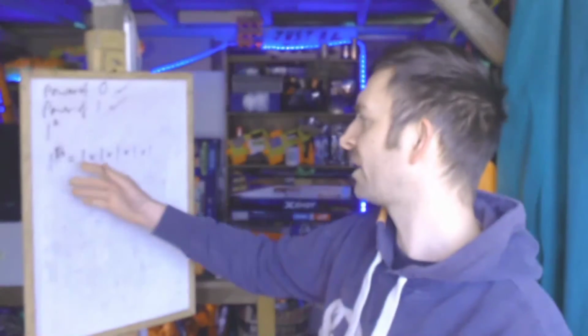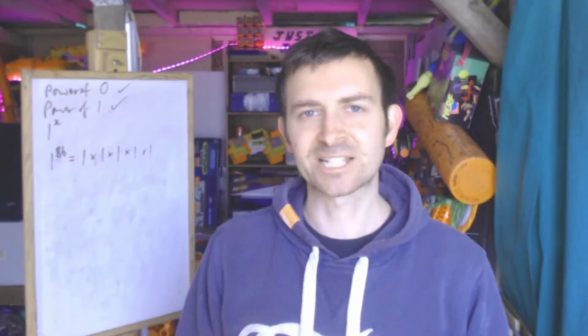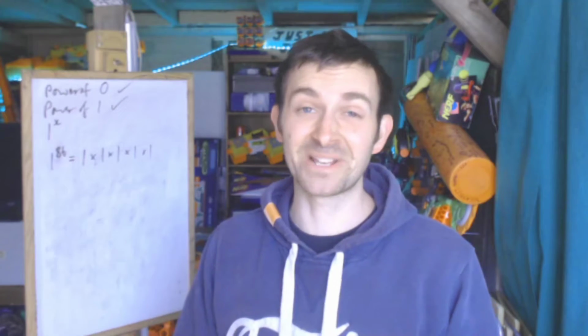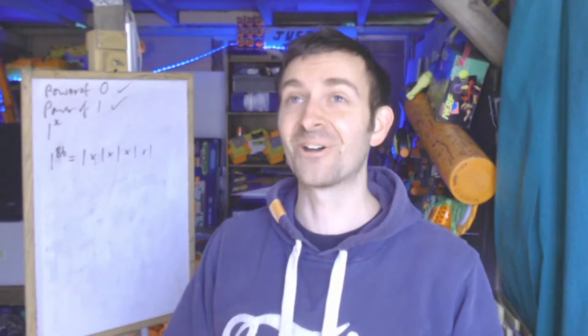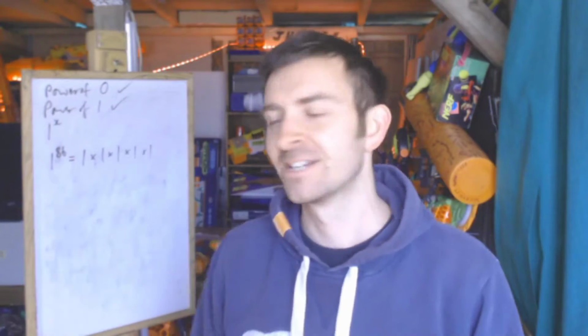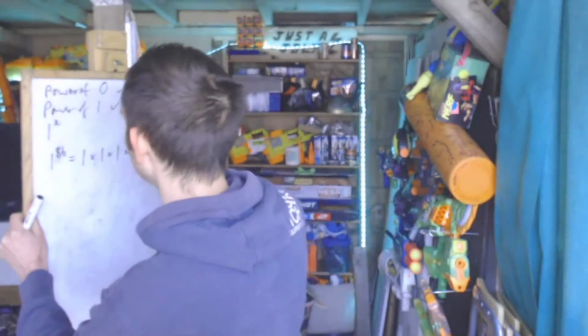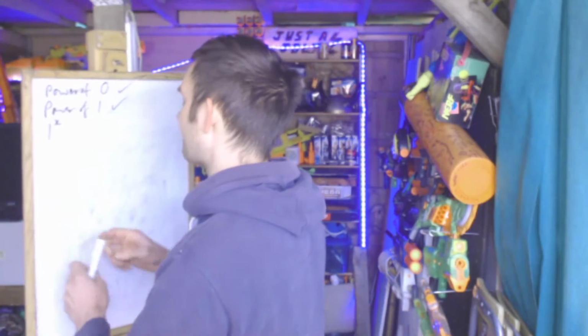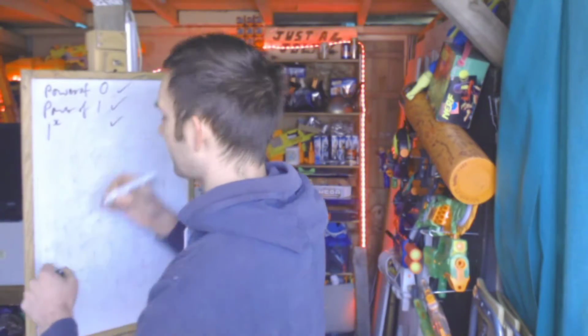And even if I were to write all of these 1s out 86 times, the answer is still going to be 1. It's never ever going to change. Honestly, even if I write 365 million, bazillion, jillion, some kind of number that doesn't even exist, the answer is still going to be 1. So 1 to the power of x, 1 to the power of anything, is always going to be 1.